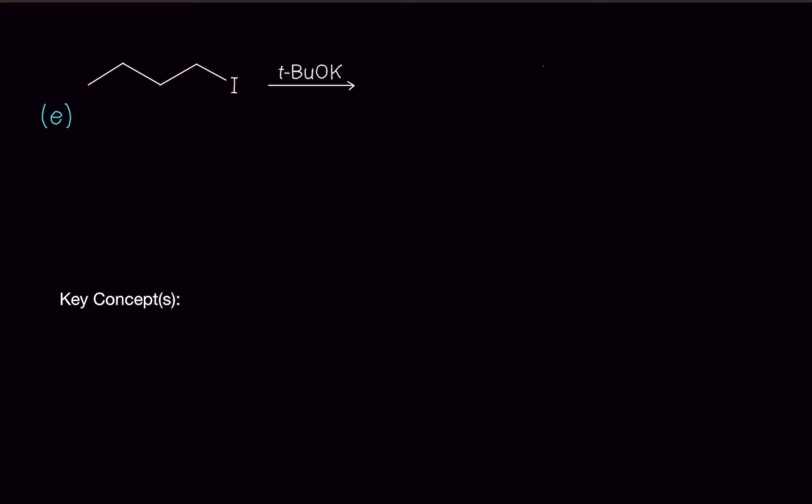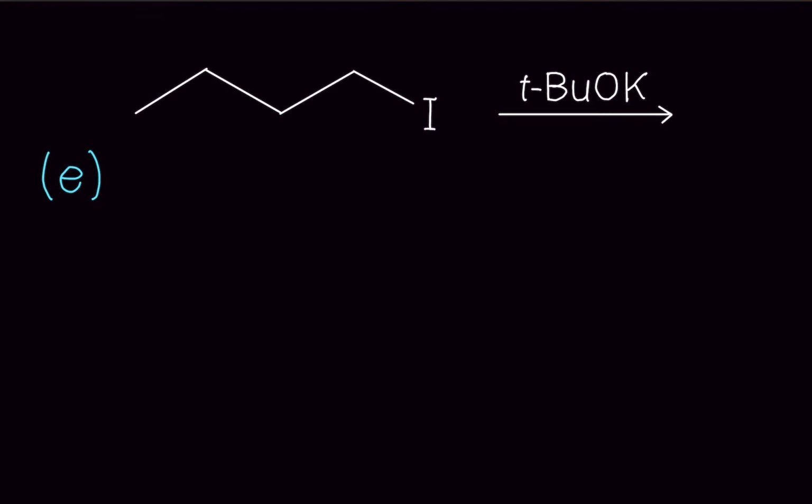So you will primarily do E2 for this. You won't really do much of SN2. So what that basically means is that when you give your answers, the major product is going to be the E2 and the minor product will be the SN2 reaction.